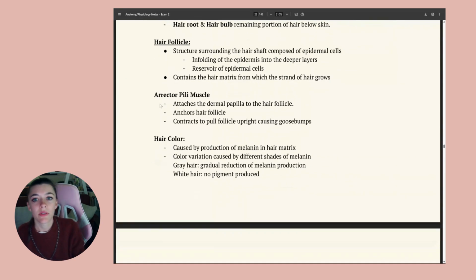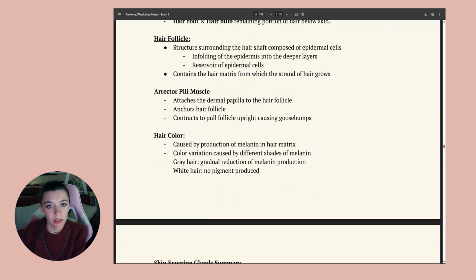Hair follicles. So that structure surrounds the hair shaft, composed of epidermal cells. Infolding of the epidermis into deeper layers, and it is a reservoir of epidermal cells. The hair follicle also contains the hair matrix from which the strand of hair grows.